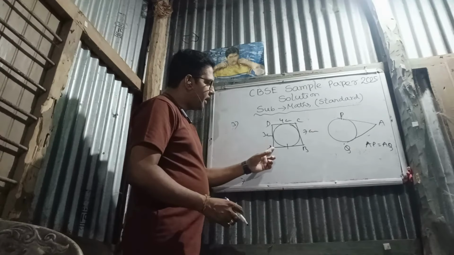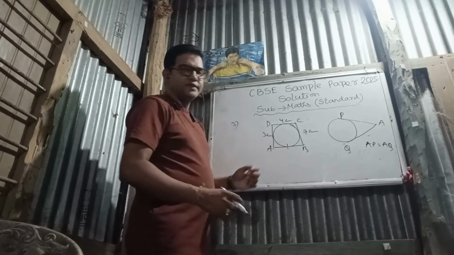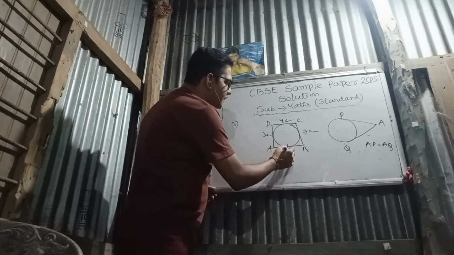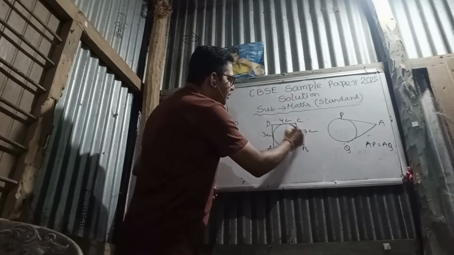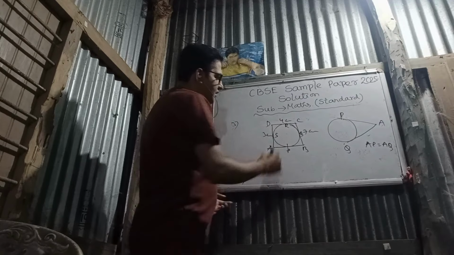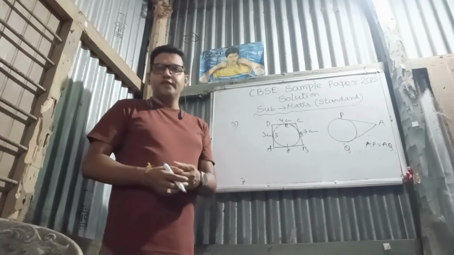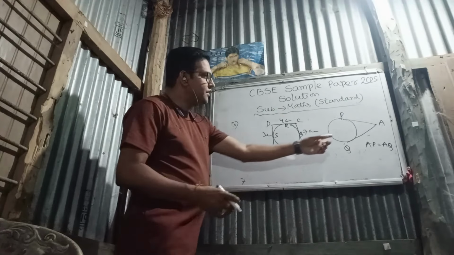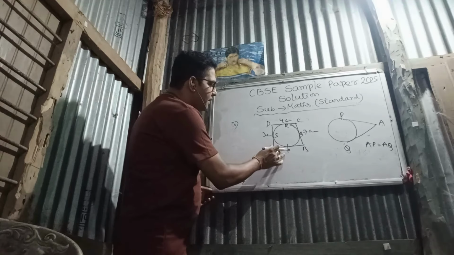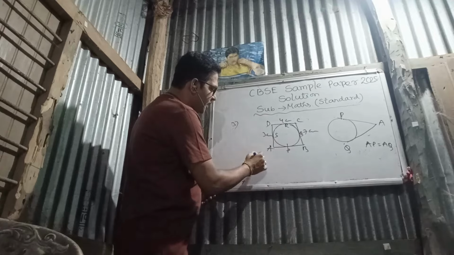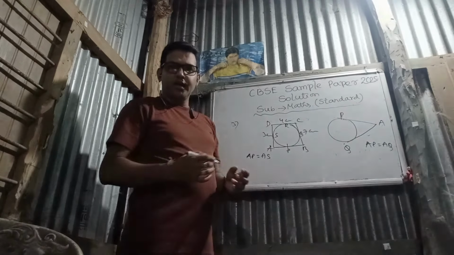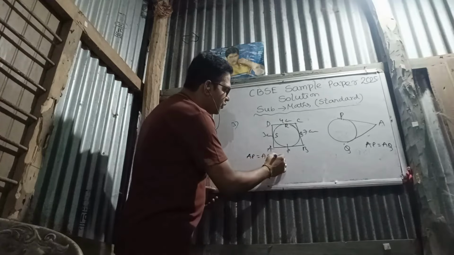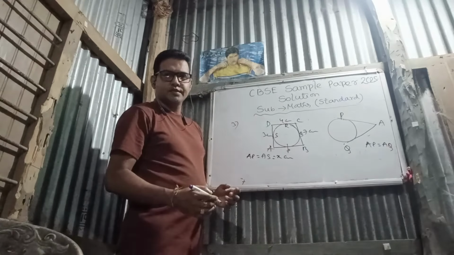So from A, you have drawn two tangents. Let the points be P, Q, R, S. These points are known as points of contact. So according to this theorem, AP is equal to AS. Let me write both of them as x centimeter.